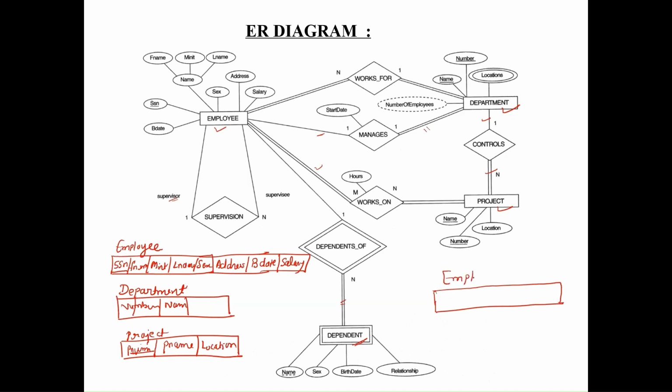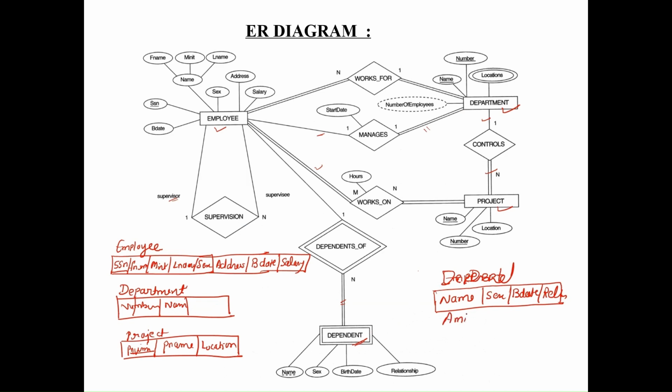For that, if I am creating a new table, dependent, then name is a partial key, then gender, birth date, and relationship. The name of the dependent is not sufficient.